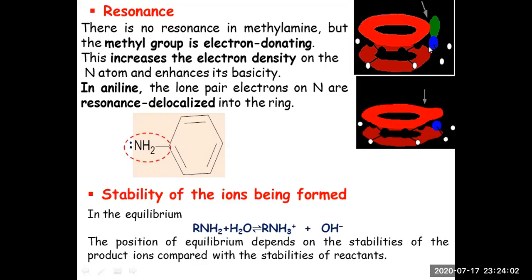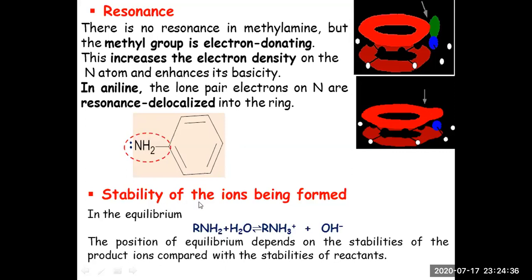You can see here that there is a lone pair of electrons, shown in green, and when it undergoes resonance, it is not available. It is taken by the ring, and this stabilization of the lone pair keeps the nitrogen electron deficient, and therefore decreases the basic strength of aromatic amines. That is, in aniline, nitrogen shows resonance delocalization of the lone pair of electrons, which makes it less basic.